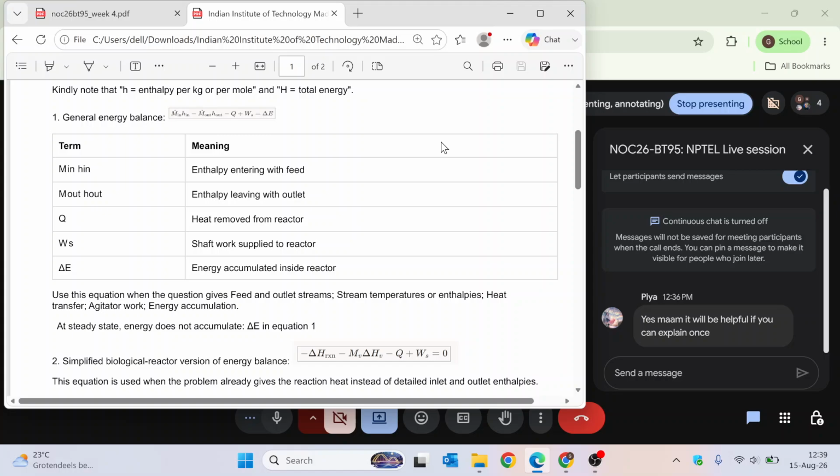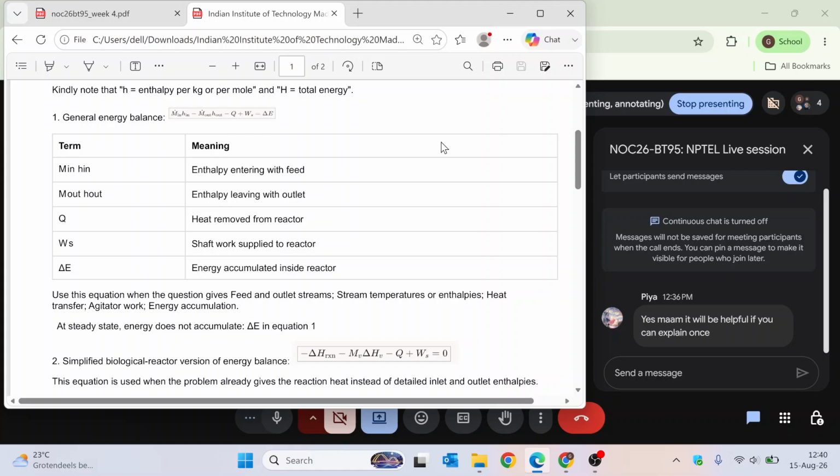So the mass into the specific enthalpy of the substrate that is getting in will be there, and at the same time you are also removing something out of the system. So the mass that is being removed out of the system and the specific enthalpy of the product that is removed is subtracted, and then there is another heat that is getting out of the system.